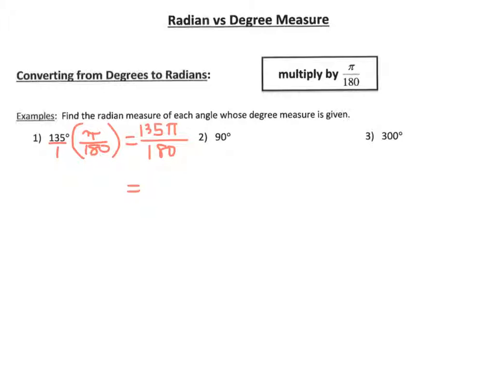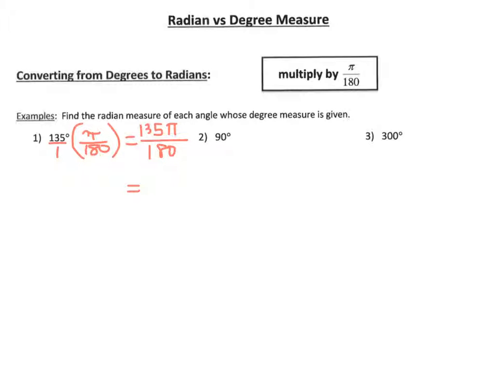Again, I'm going to leave my answer in terms of pi, but I want to simplify 135 divided by 180. Both of these are divisible by 45, so 135 divided by 45 is 3, and 180 divided by 45 is 4, so this becomes 3 pi over 4. If you can't do that in your head, you can plug 135 divided by 180 into your calculator and hit math, enter, enter, and it'll give you 3/4.